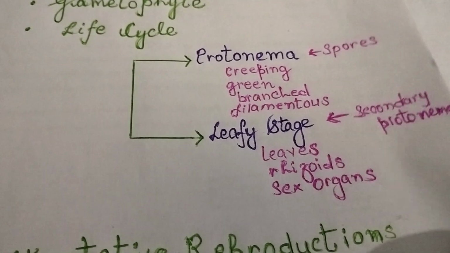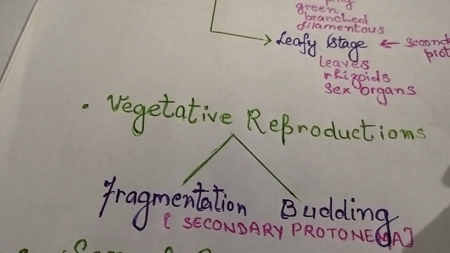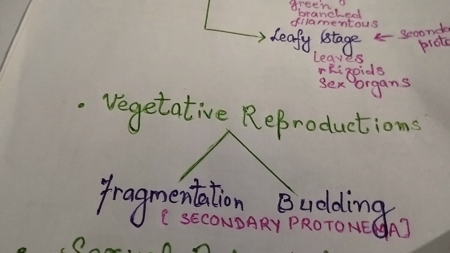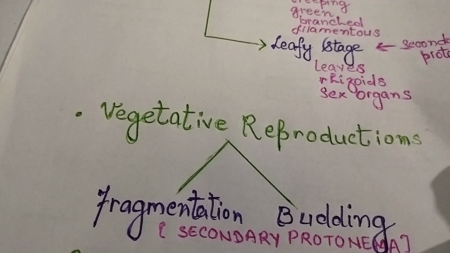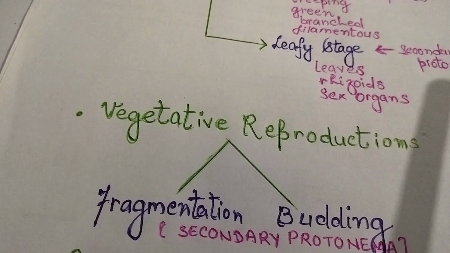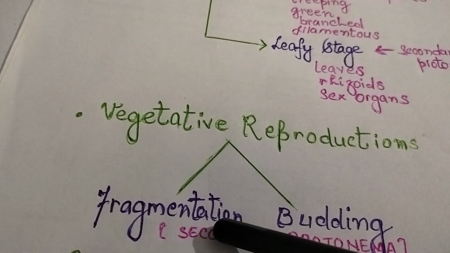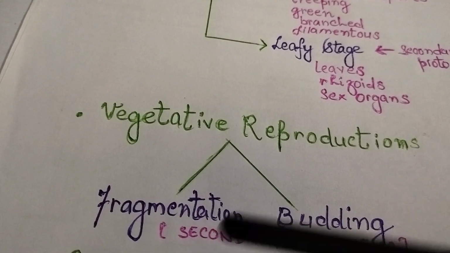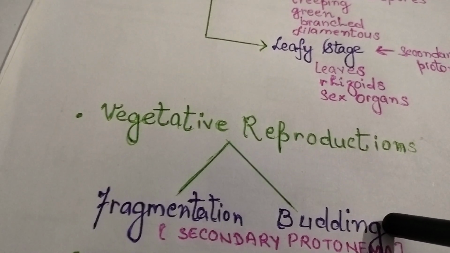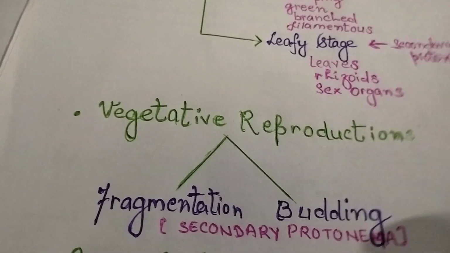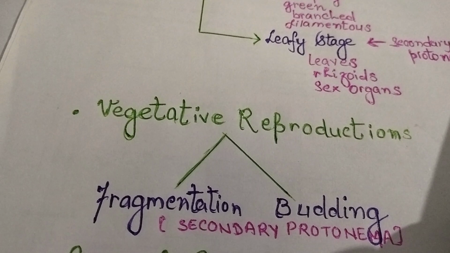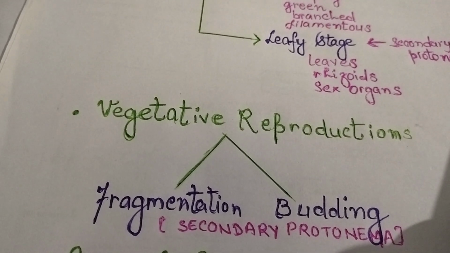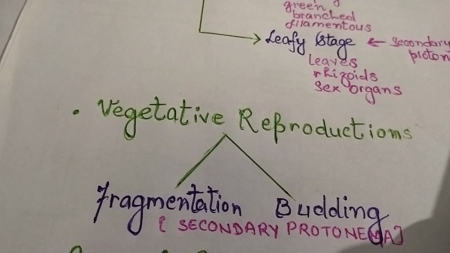Now coming to the vegetative reproduction in mosses, it takes place in two ways. One is fragmentation, which we have studied many times, and the other is budding. Budding we have also studied in bacteria. A bud-like structure arises from the main plant body, the main thallus.